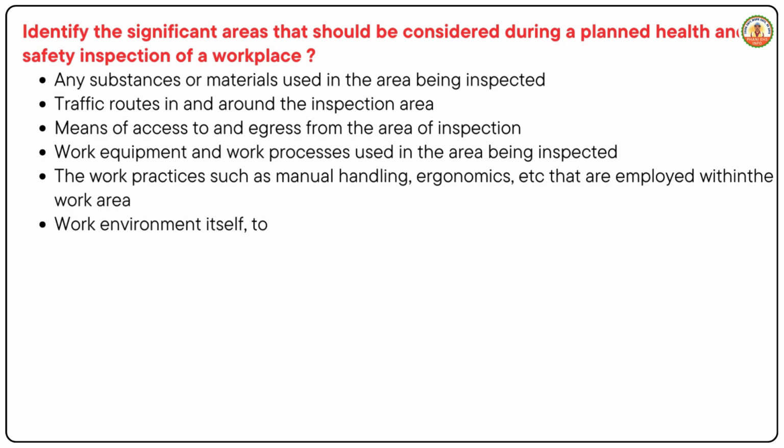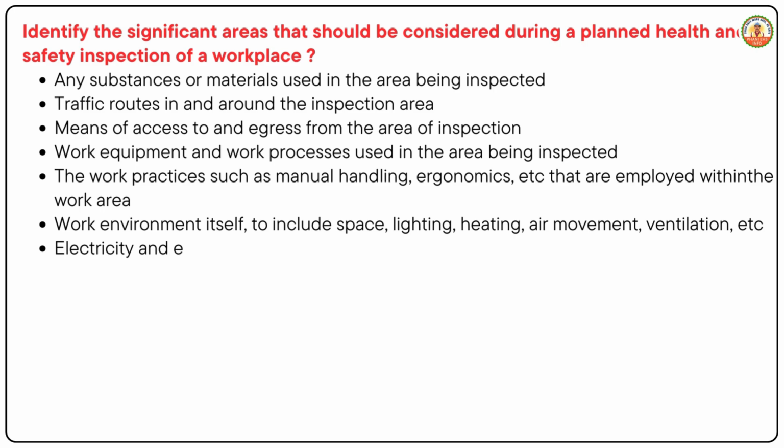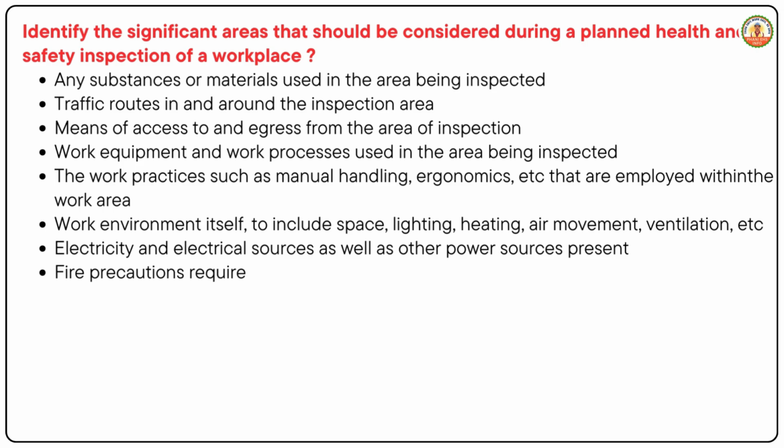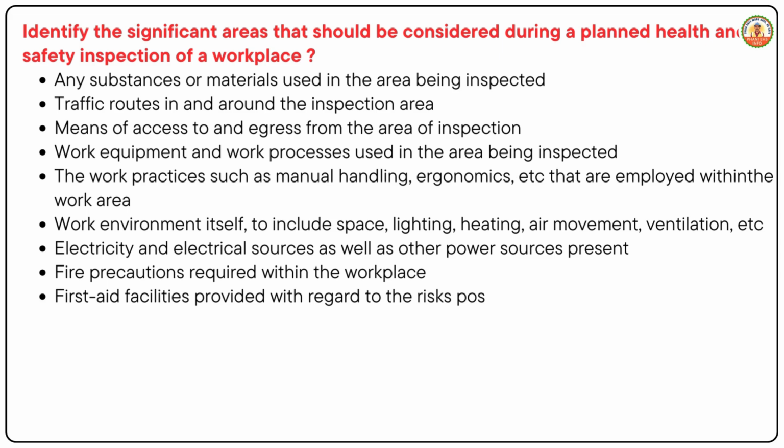Work environment itself, to include space, lighting, heating, air movement, ventilation, etc. Electricity and electrical sources as well as other power sources present. Fire precautions required within the workplace. First aid facilities provided with regard to the risks posed by work operations and/or situations.